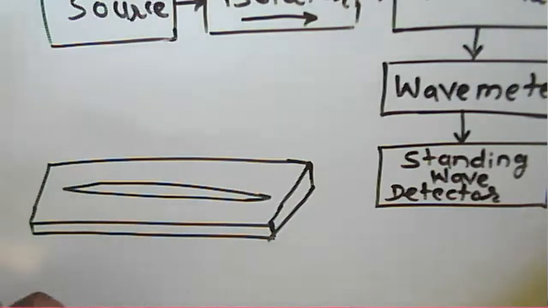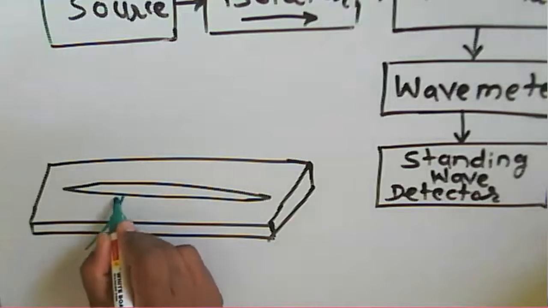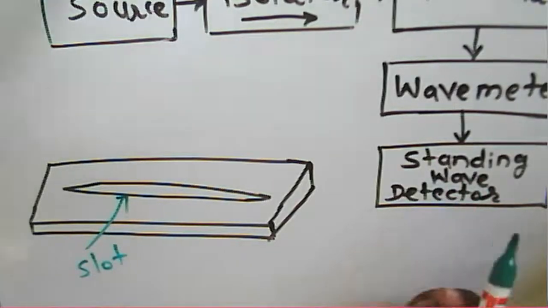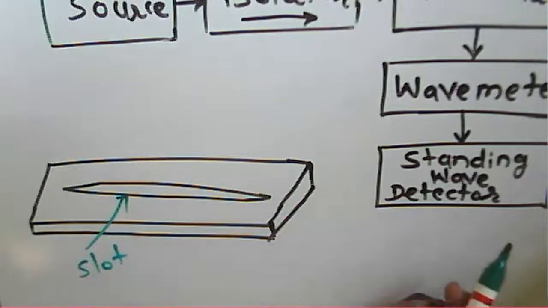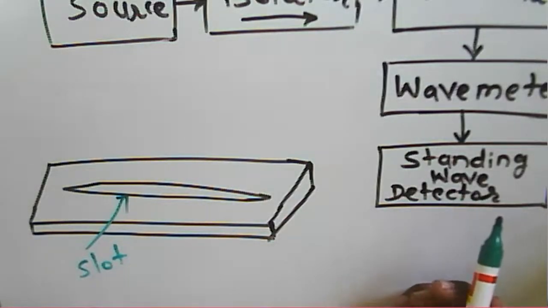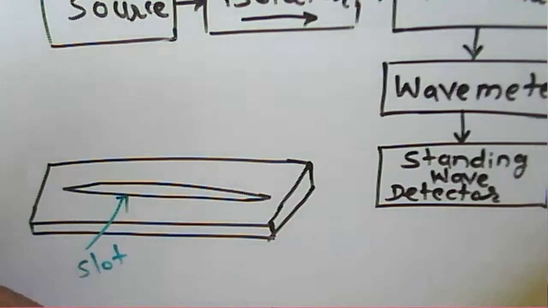This particular section is called a slot. That's why we say another name for the standing wave detector is a slotted section with a probe carriage.